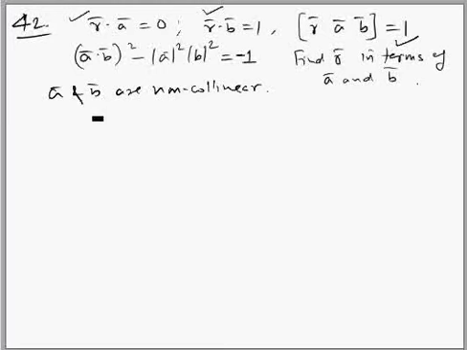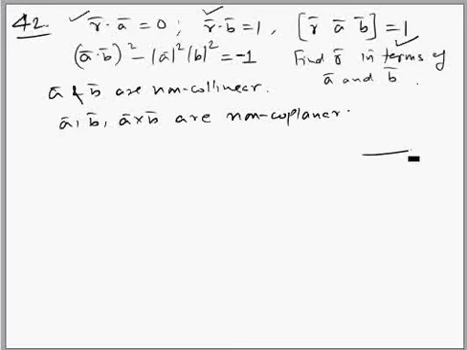So if a and b are non-collinear, then a, b and a cross b, which is the normal of the plane of a and b, are non-coplanar.